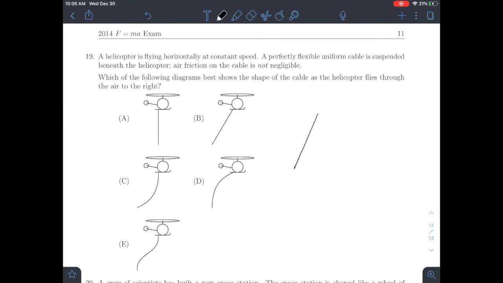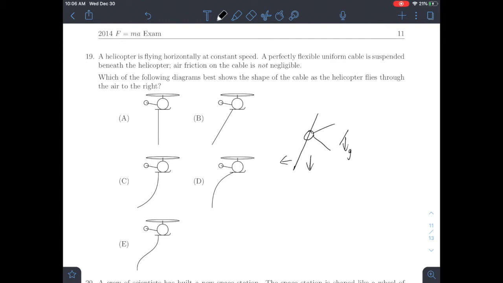Okay, so here we first need to consider a piece of rope. There are two different forces acting on it: the vertical tension force and the horizontal tension force.